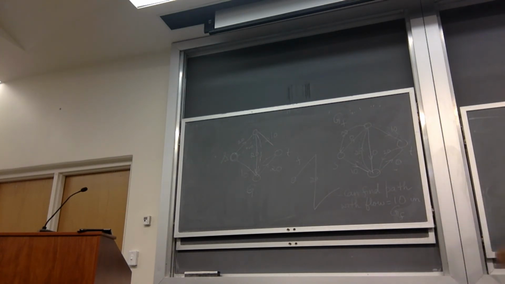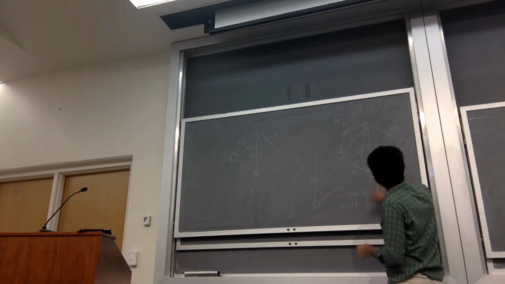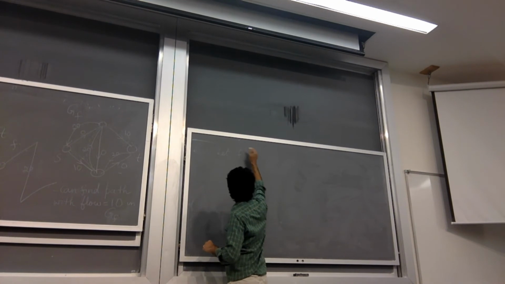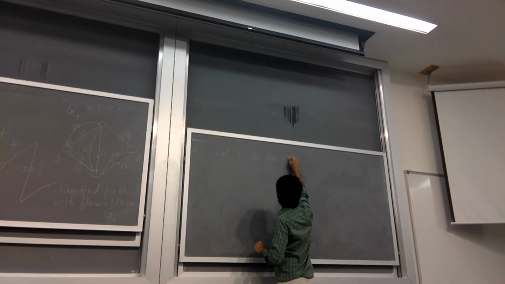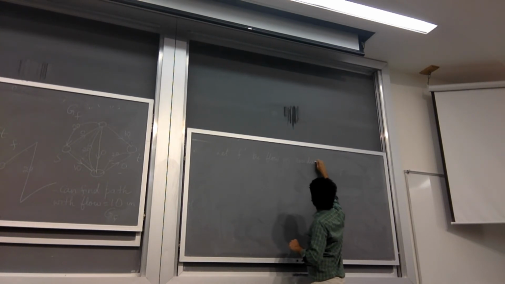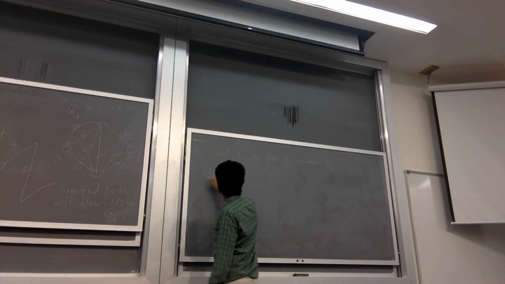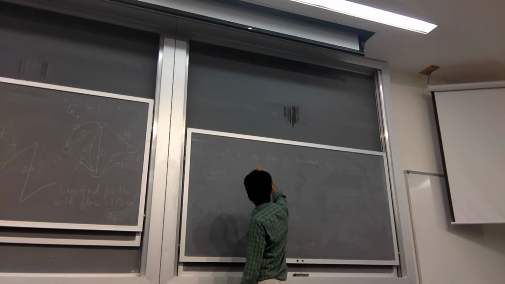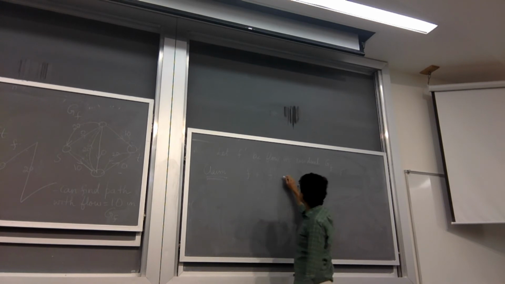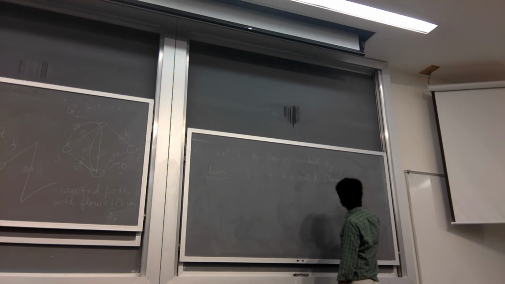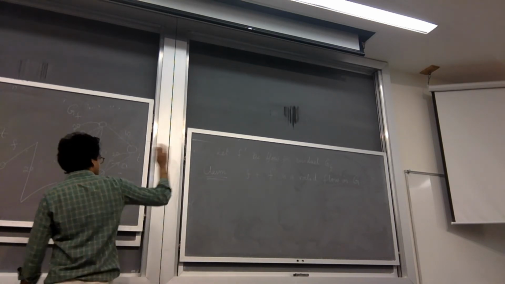So now the main observation is that, in some sense, if I call this flow f prime, so let f prime be the flow in the residual graph, then the claim is that f plus f prime is a valid flow in G. Okay, and the plus here is what you would imagine.